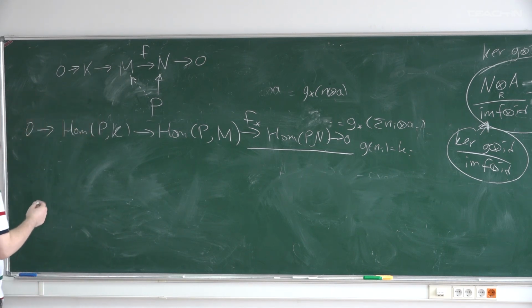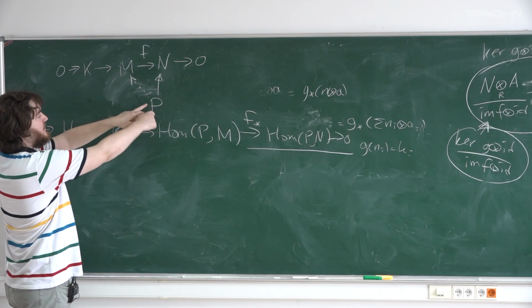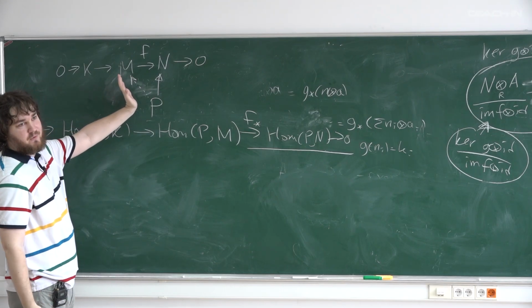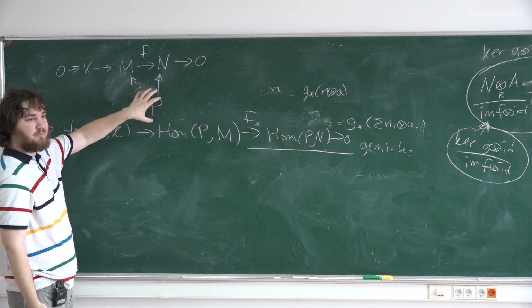For example, free modules are projective. Do you understand that any free module is projective? We discussed this: for a free module we can consider preimages of the images of the basis.